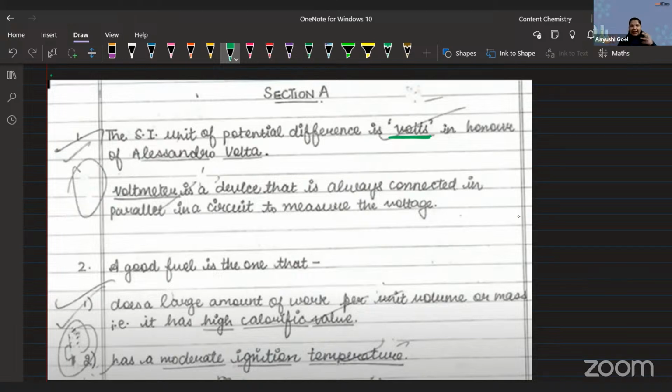Then second line, he left a space in between and wrote voltmeter is a device that is always connected in parallel in a circuit to measure the voltage. Simple answer, simple way. He was using just one single black pen, not even another pen or pencil to write the answer, but he was able to write this properly. Why? Because he was underlining everything and he was getting full marks out of it. Is it clear?